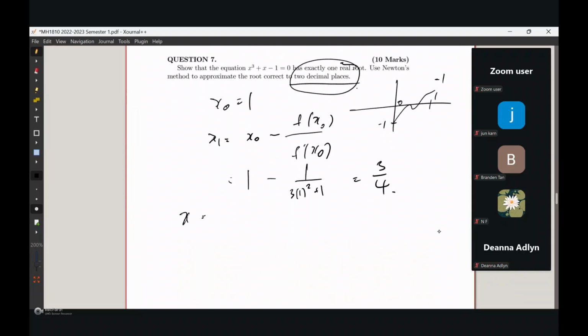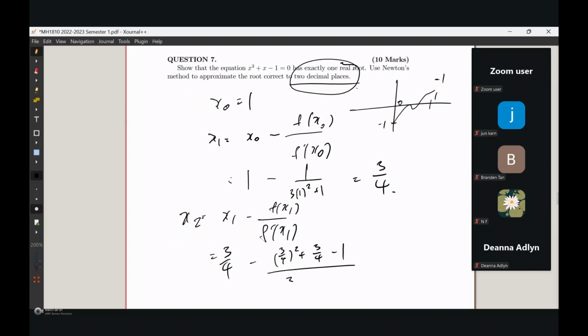Then x2 is x1 minus f(x1) over f'(x1). So this is 3 over 4 minus (3 over 4) cubed plus 3 over 4 minus 1, over 3 times (3 over 4) squared plus 1.